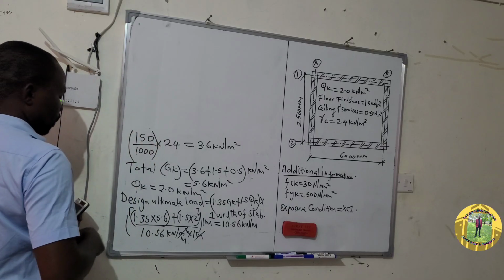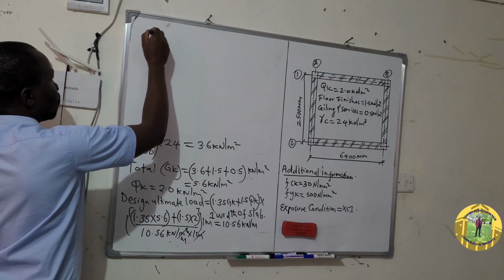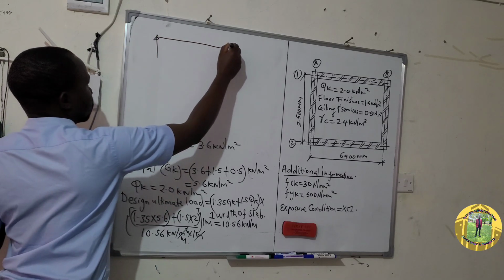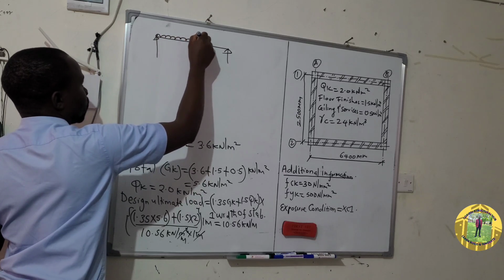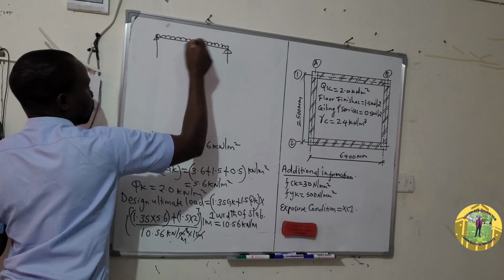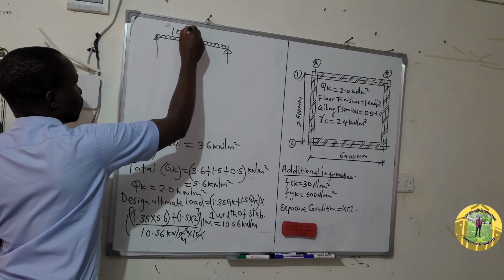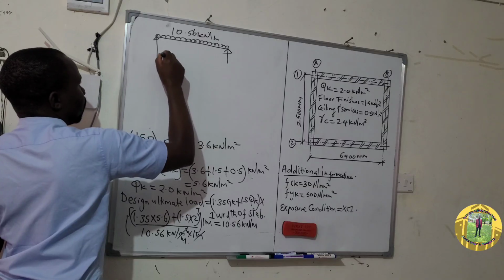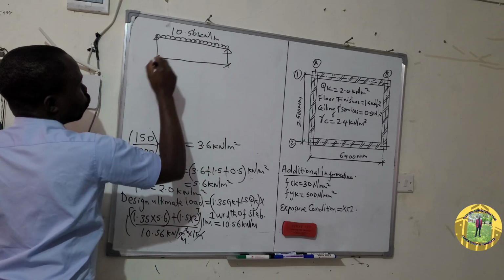And from there, we can now draw our slab here. So this is the loading. It is a UDL 10.56 kilonewton per meter, and it is spanning 2.5.